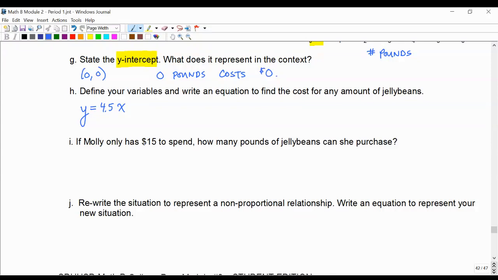Next, Molly has $15 and y was money, so we're going to set this equal to our y value, and we're going to solve for x. We're going to pick the opposite of multiplying by 4.5, which is dividing by 4.5. And we get x equal, divided in the calculator, comes out to be 3 1/3 pounds, or 3.3 repeating.